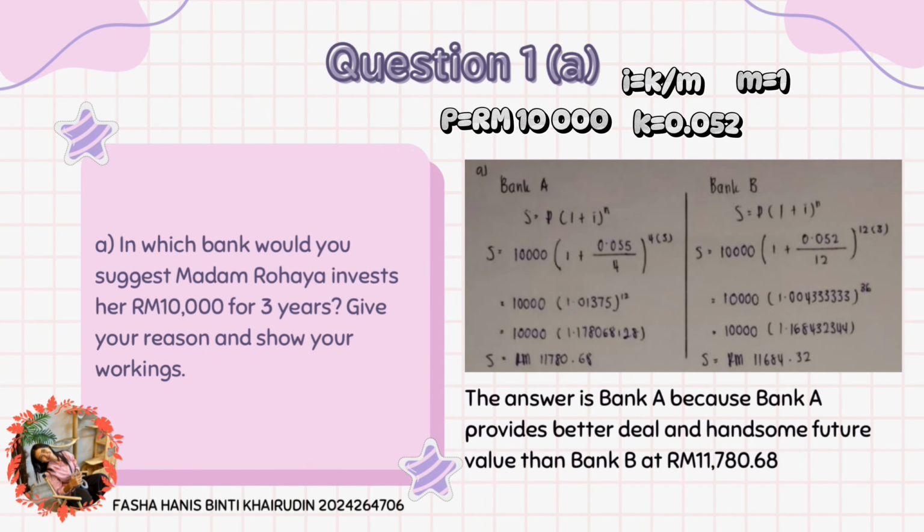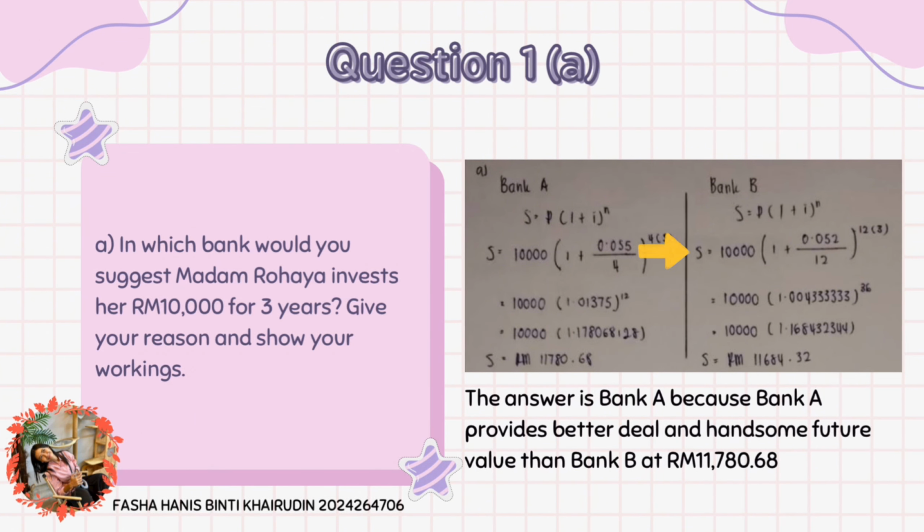It is because for Bank B, the interest rate is 5.2% and compounded monthly. And the power of n should be 12 times 3. So it should be S equals 10,000 bracket 1 plus 0.052 divided by 12 bracket to the power of 12 times 3.